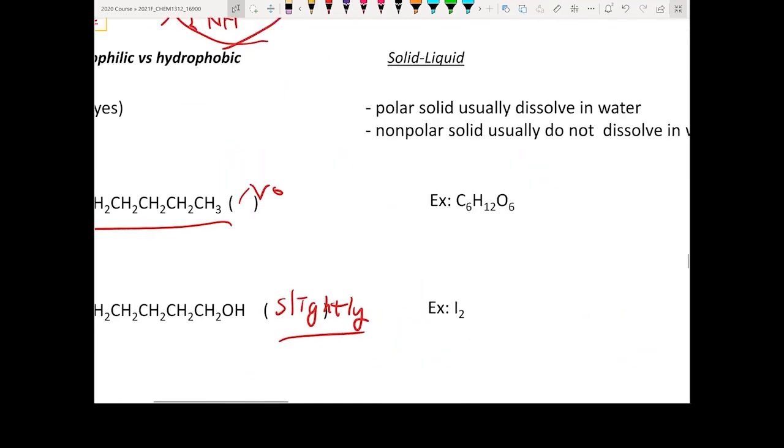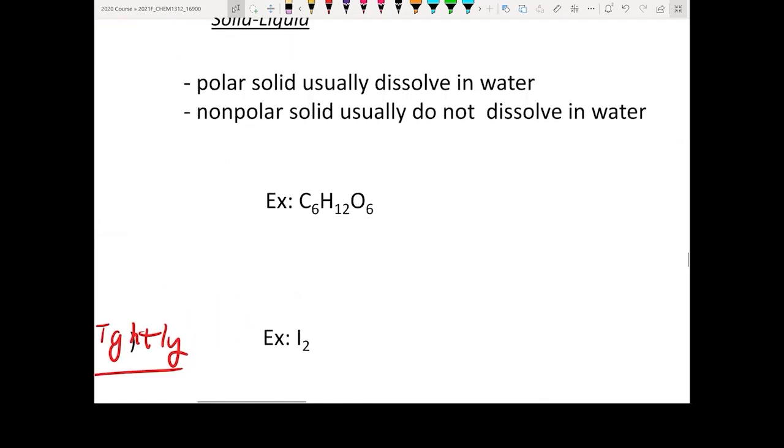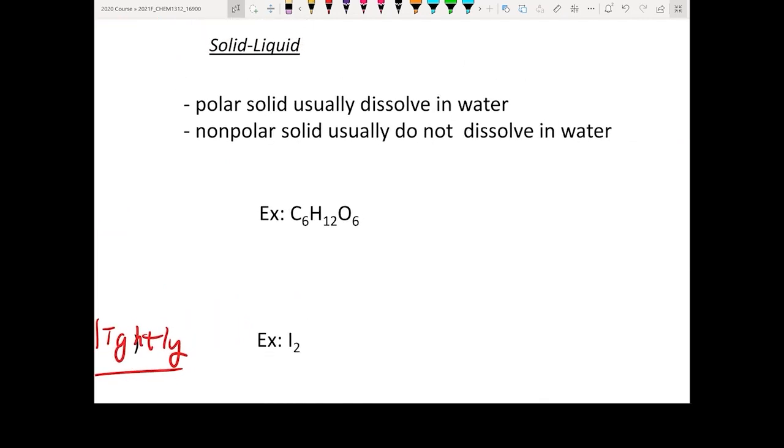Some other factors we need to consider. The examples I gave you are all liquid solutions. So what if you have a solid in a liquid solution? This part is getting a little bit trickier. But the rule of thumb is that if the solid molecule is polar, then it will dissolve in water.